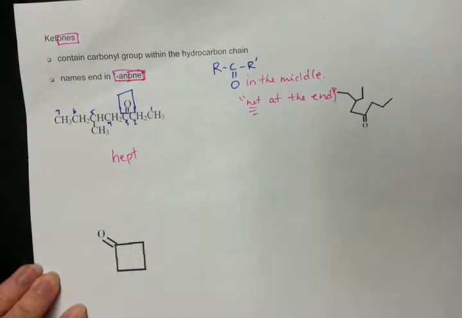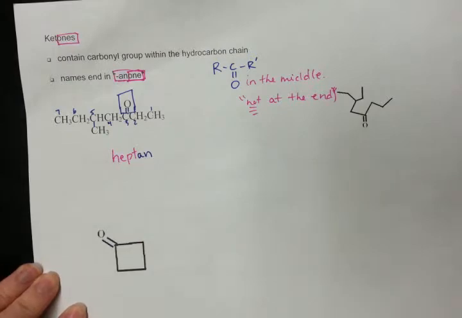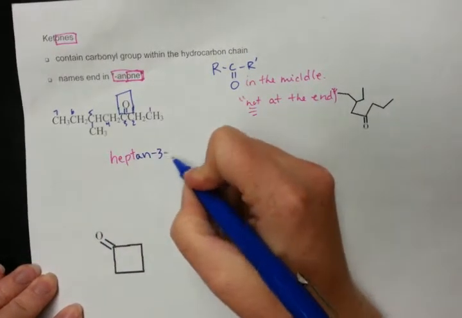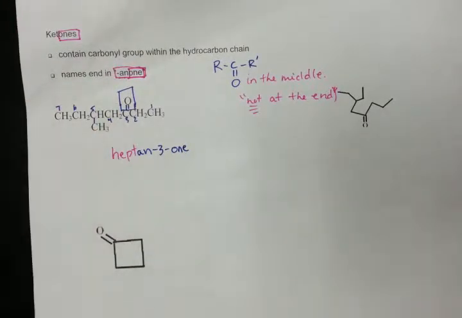To finish the suffix, I will indicate the location of the double bond to the oxygen using a number in the middle of the suffix. So heptan-3-one tells me there's a double bond to an oxygen on the third carbon.